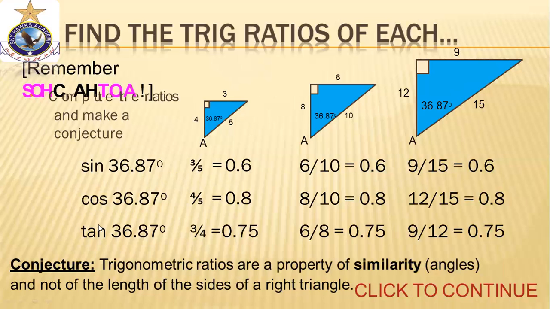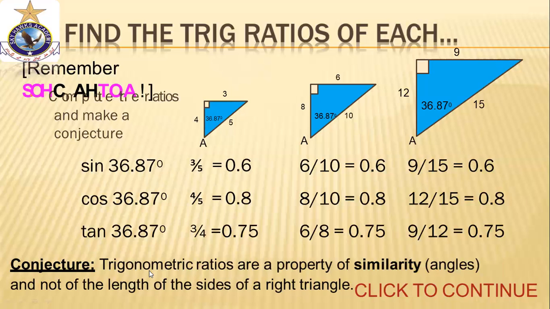From here, please read this one. The conjecture: trigonometric ratios are a property of similarity angles and not of the length of the sides of a right triangle.